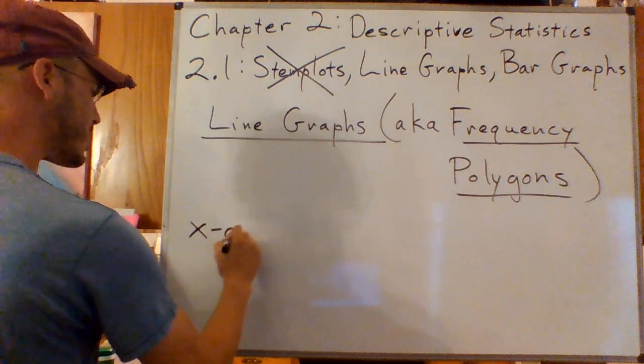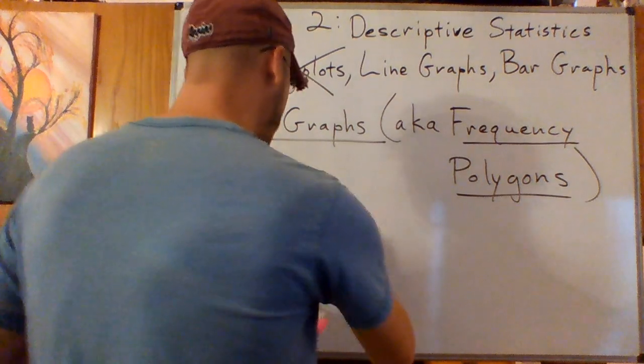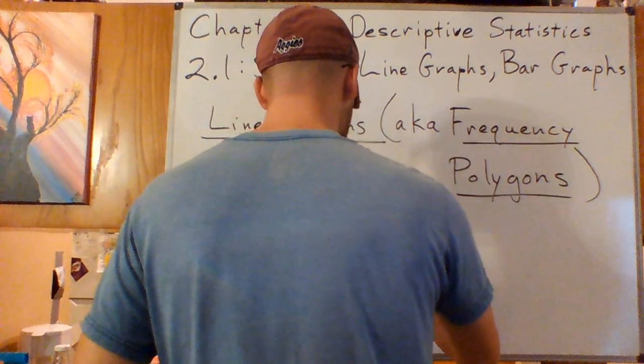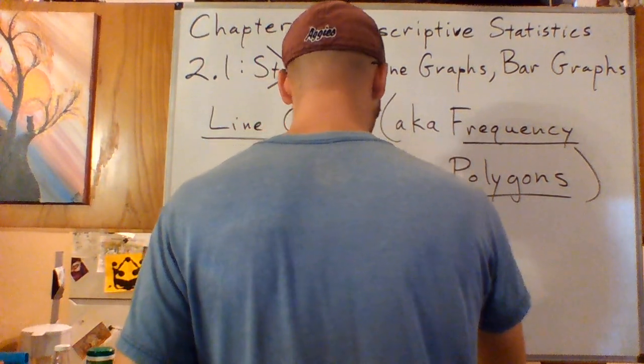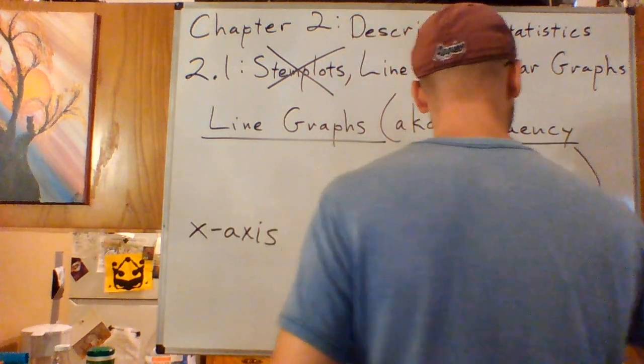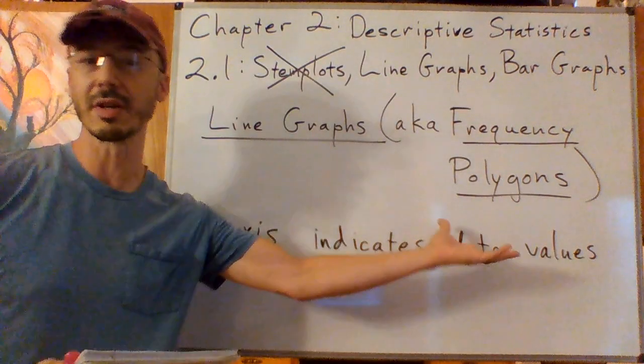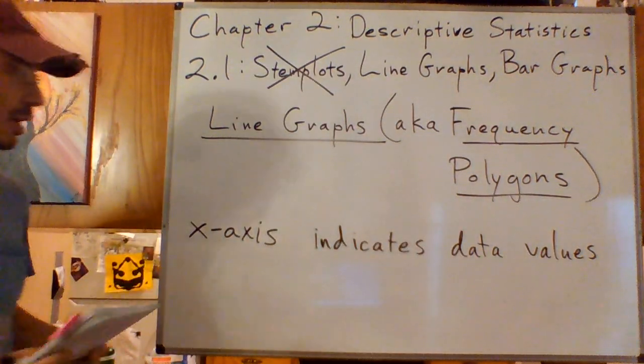The x-axis in our graphs is going to indicate data values. So the values of the variable that we're looking at is along the x-axis.